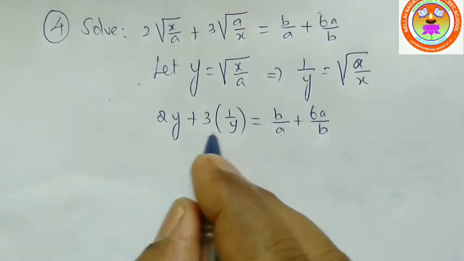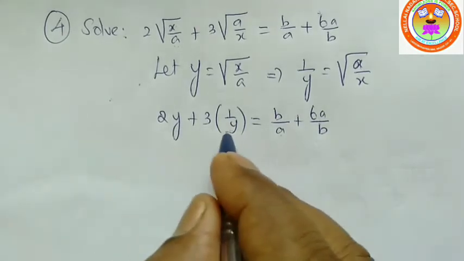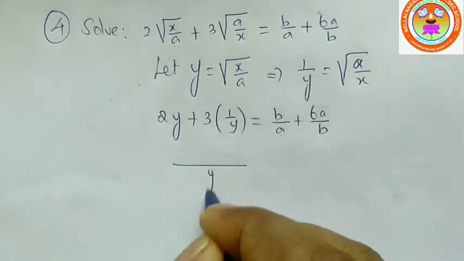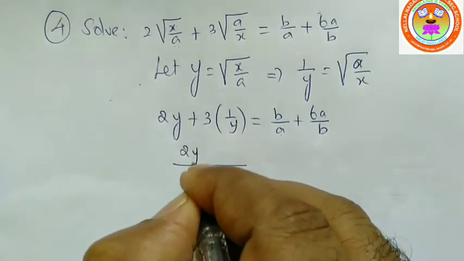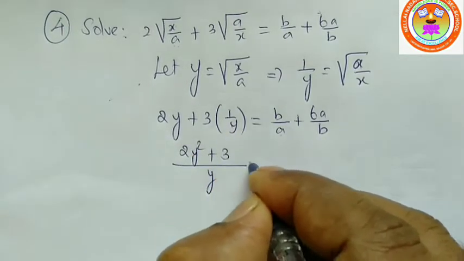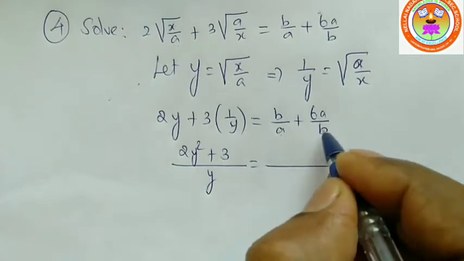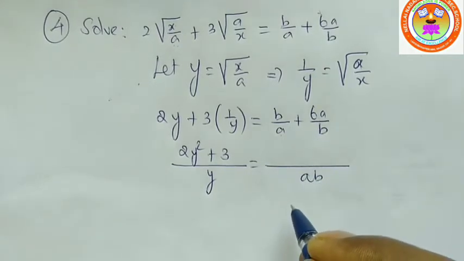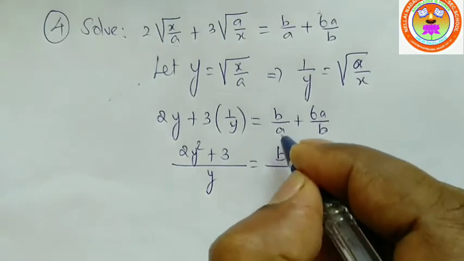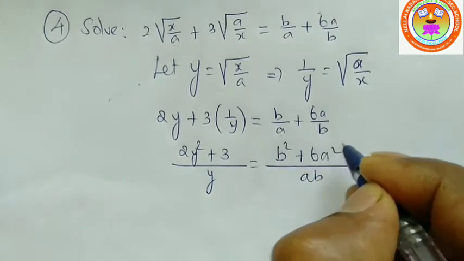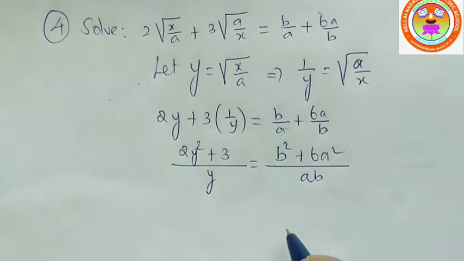Take the LCM of these terms. The LCM is y on the left, and if you take the LCM on the right, ab will come. So 2y square plus 3 over y is equal to b square plus 6a square over ab.